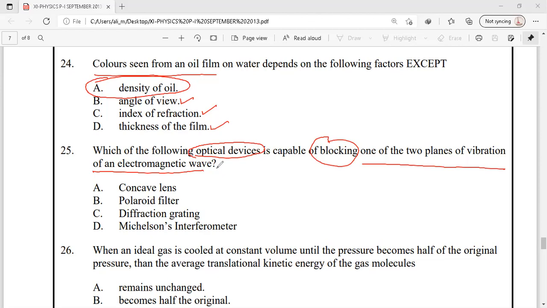So we have two components in our electromagnetic wave: the electric field vector and the magnetic field vector, which are perpendicular. The device known as a polarizer or polarized filter is used to block either one of the components of the electromagnetic wave. So the correct answer is option D.